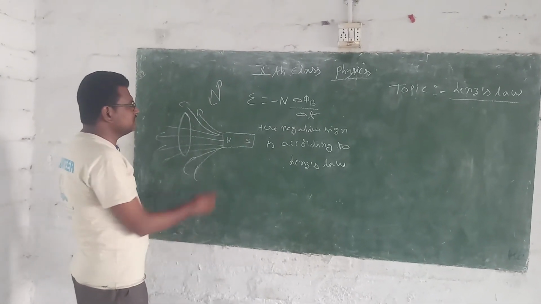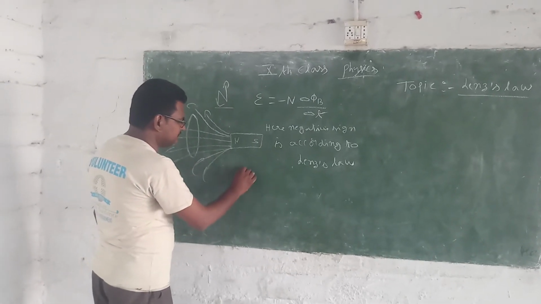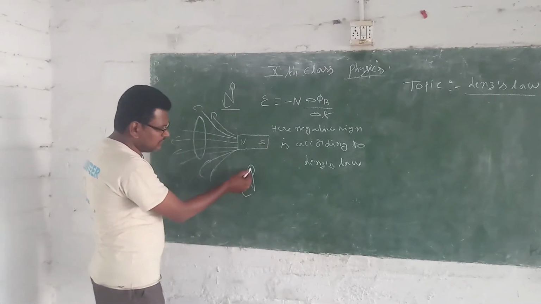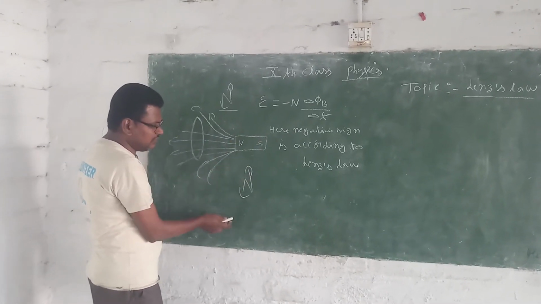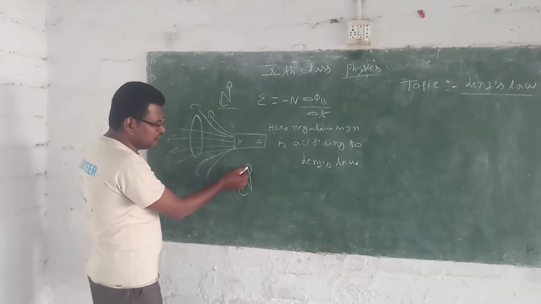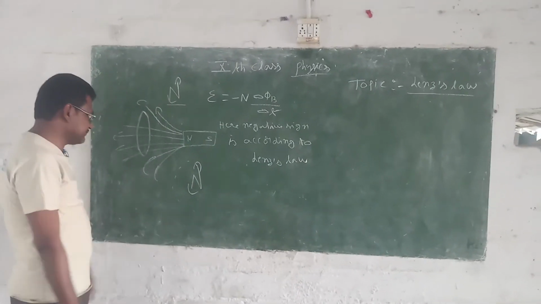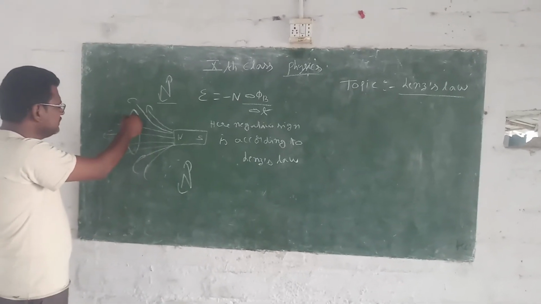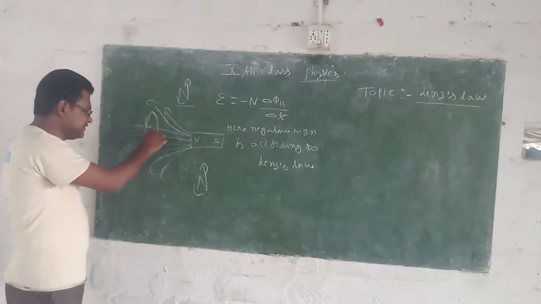To remember this, we use a mnemonic N in this way. As we move the north pole of a magnet towards the coil, the current is induced in the coil in the anti-clockwise direction.